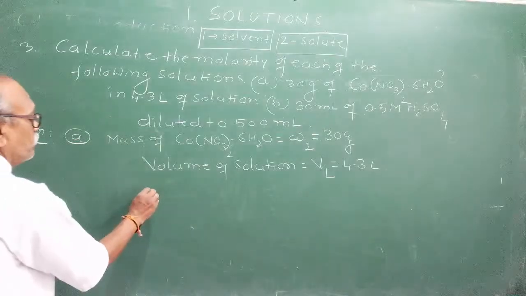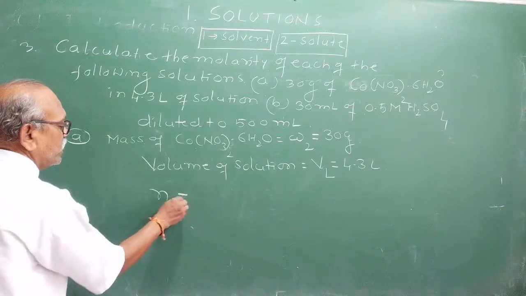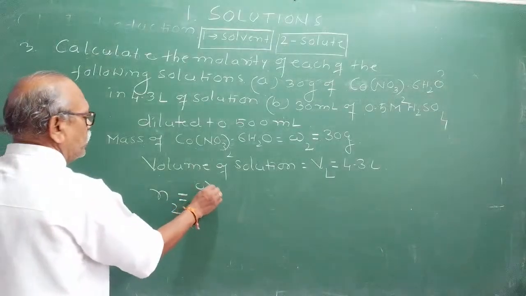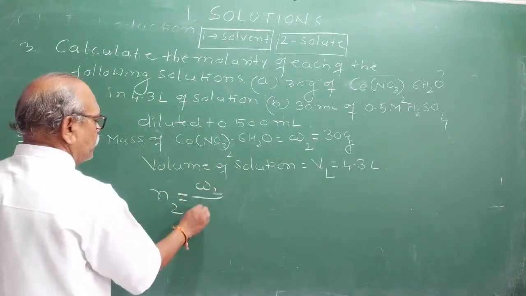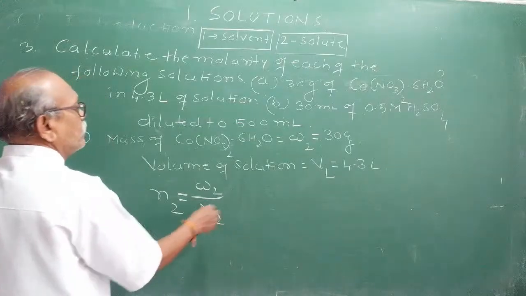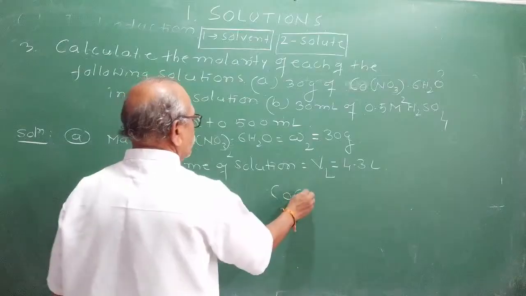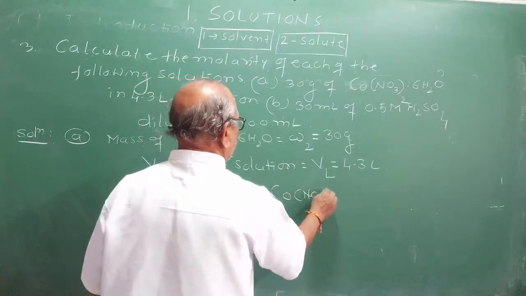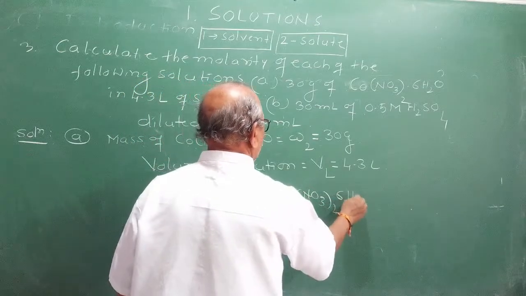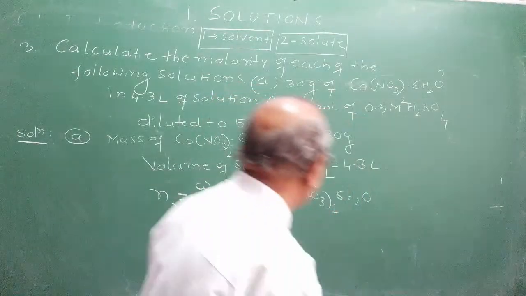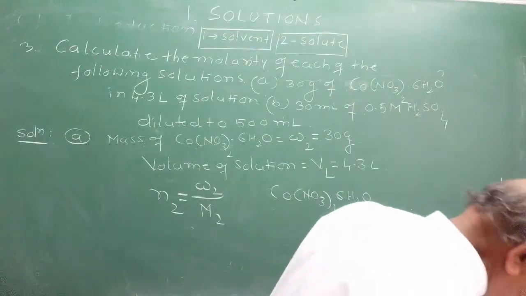Now to calculate the number of moles of the solute, N2 stands for solute. Solute means cobalt nitrate, is given by W2 upon M2, where M2 is the molecular weight of cobalt nitrate. You have to calculate this for Co(NO3)2 6H2O. Let us calculate the molecular weight. Atomic weight will be given to you.